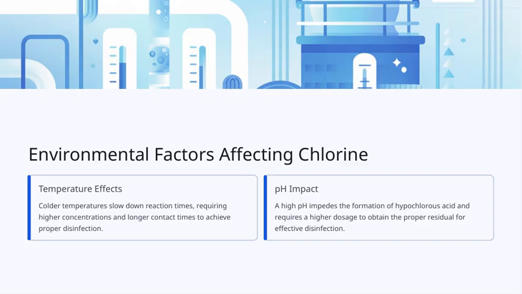When the pH of the water is high, it actually makes it more difficult for hypochlorous acid to form. Since hypochlorous acid is the active disinfectant, a high pH can reduce chlorine's effectiveness. To compensate, we need to increase the dosage of chlorine to maintain the proper residual level for effective disinfection. Understanding these environmental factors helps us optimize our disinfection process, ensuring we maintain safe and clean water regardless of external conditions.